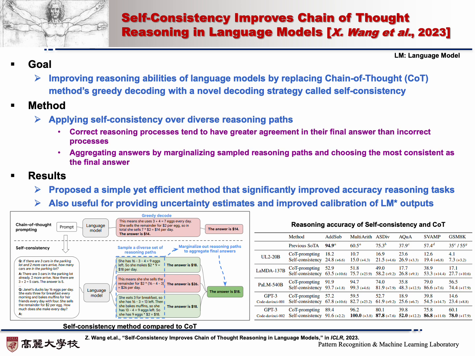And well, diving into their methodology, the idea was to apply a self-consistency approach across varied reasoning paths. The intuition behind this was very straightforward and very powerful. If the reasoning process is correct, there tends to be a larger level of agreement in the final answer as compared to when the reasoning is off track.